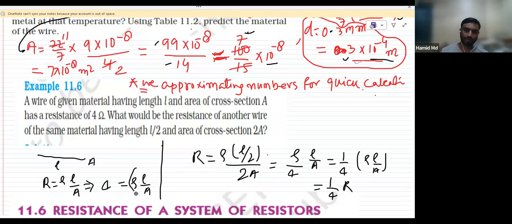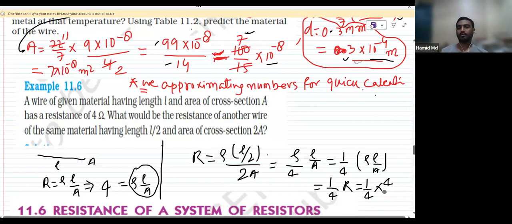In this case, how much is R given? The value of this in the first case is given as 4. So just put 1 over 4 into 4, and it will give you 1, right? Everyone got the solution? Yes, sir.